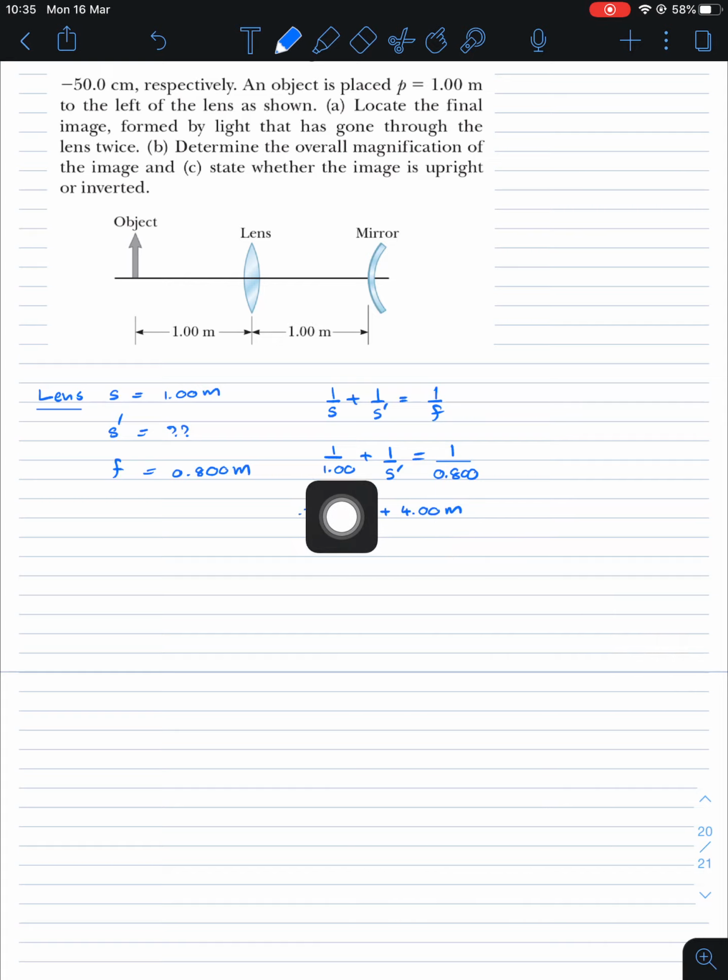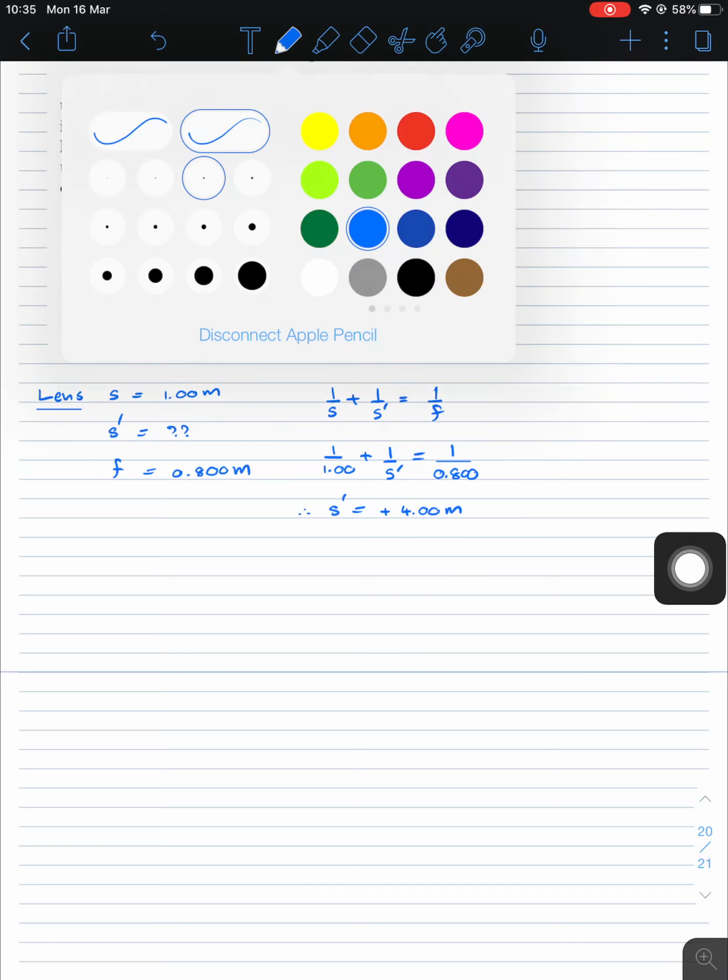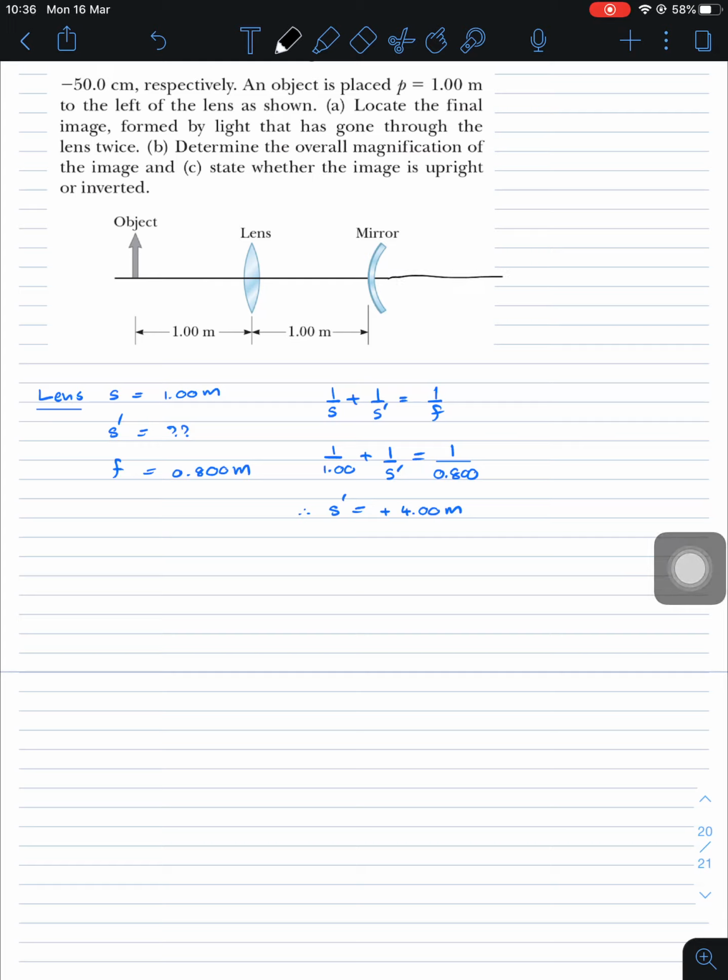We have S prime positive. It means that the image must be on the same side as the refracted light. The incident light is on the left hand side and the refracted light is on the right hand side of the lens, so the image will be on the right hand side of the lens as well. Let me continue drawing the line here.